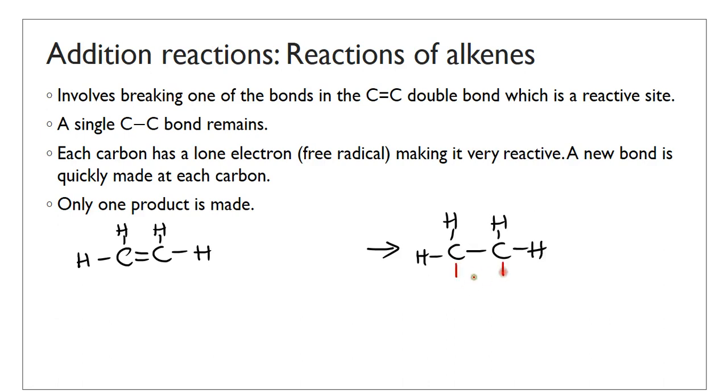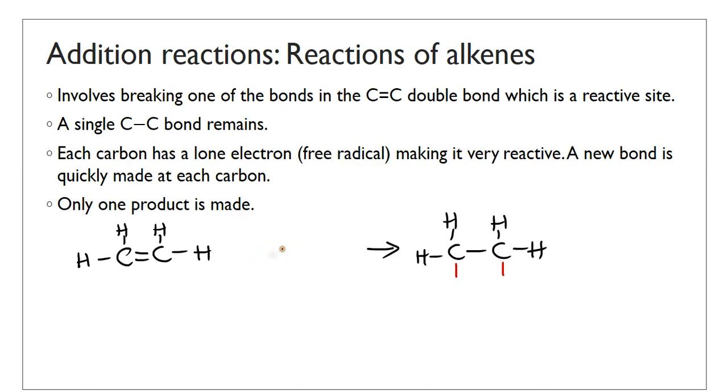So you have one here and you have one here, because every carbon atom needs to form four covalent bonds. So if you have broken one of these double bonds, you have two extra spots here. So this carbon can form a covalent bond with another thing, and this carbon can form covalent bond with another thing. And this is how you can add two different things, one onto each of the carbon in the original CC double bond.